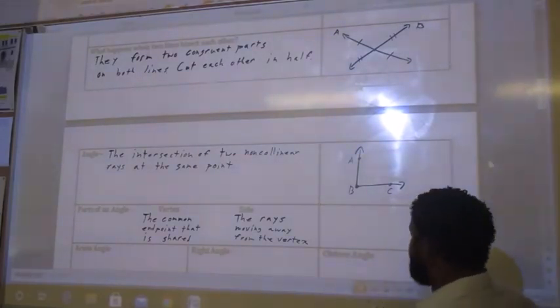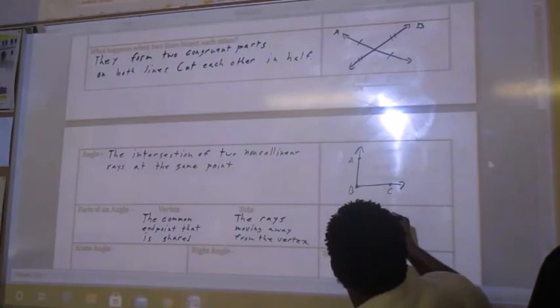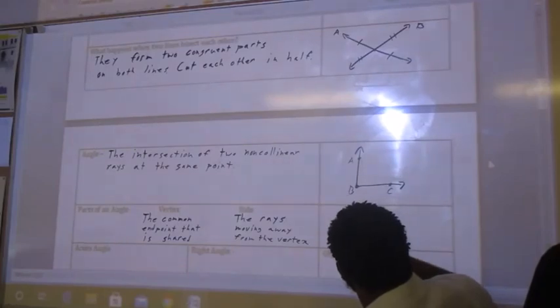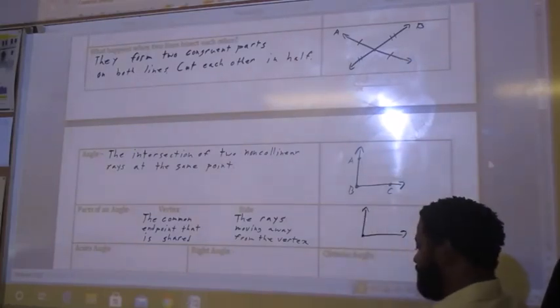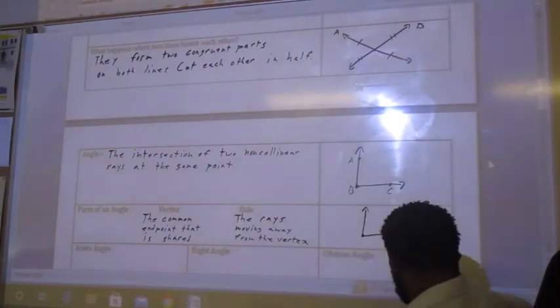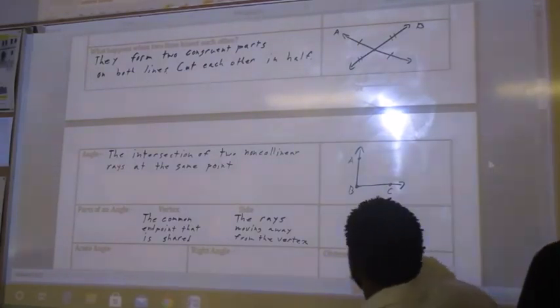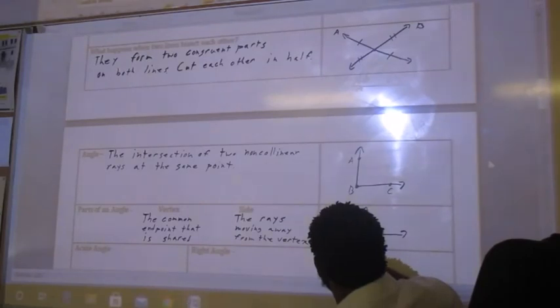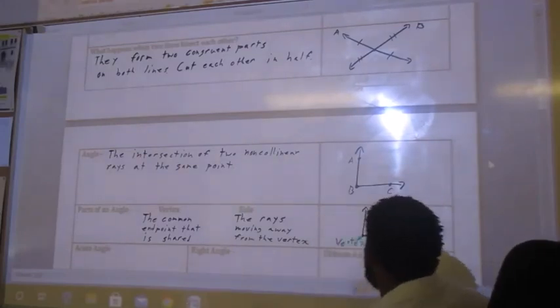What does this look like? Well, pretty much you have, drawing that again, right? And you have your vertex right here.